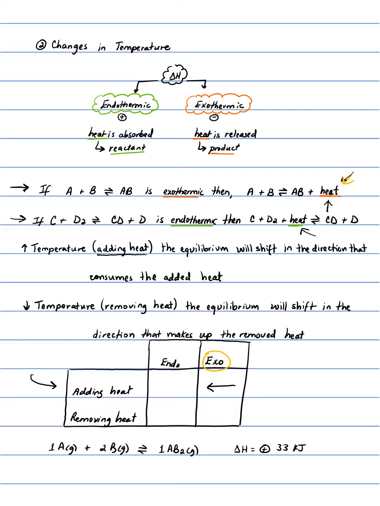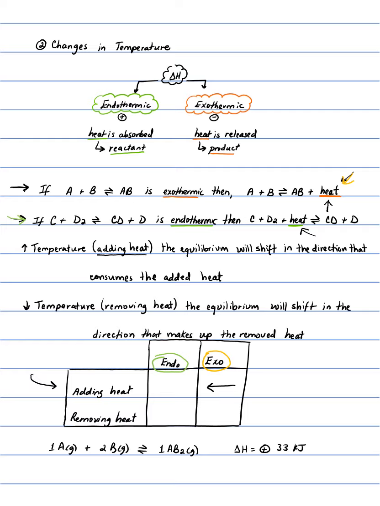If we're adding heat, now I'm going to be looking at the endothermic. For your endothermic reaction, the heat is a reactant, right? It's endothermic, and that reaction is not going to happen unless it absorbs heat.